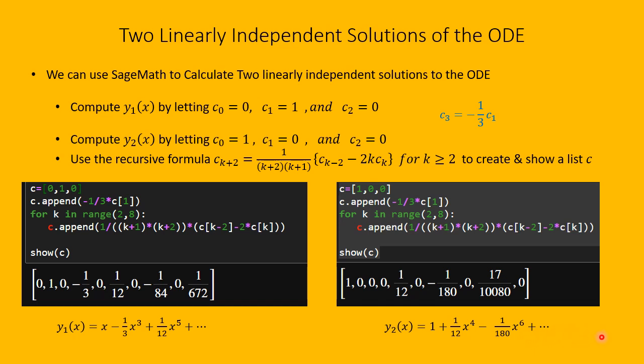So we have found two linearly independent solutions to that ordinary differential equation, which was what? Y double prime plus 2x y prime minus x squared y equals 0.